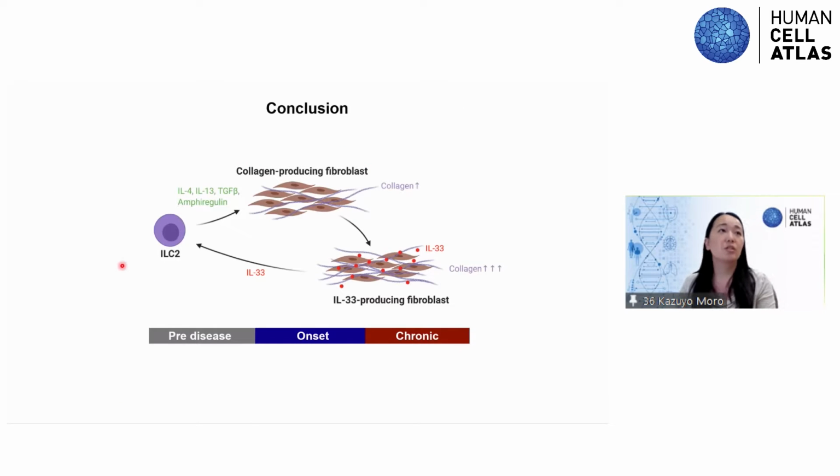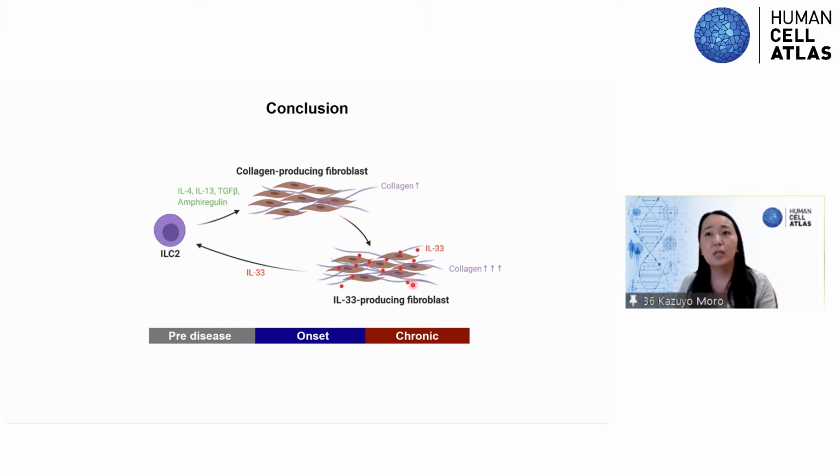So this is the conclusion. ILC2 have a potential to produce IL-4, IL-13, TGF-beta, and amphiregulin, which are all related to fibrosis. And once ILC2 start producing these factors, collagen production from fibroblasts can increase.